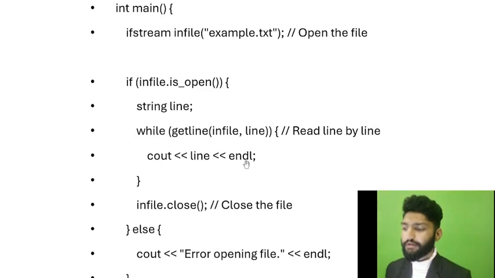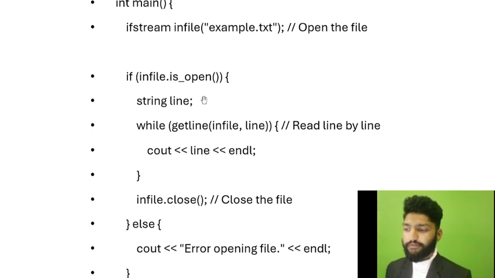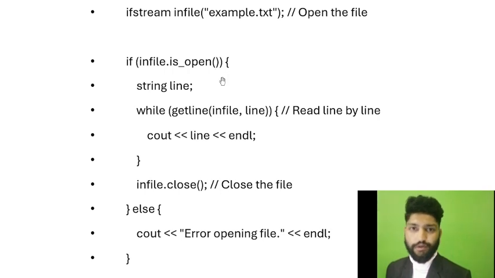In the next step, if inFile is open, we have to check that the file has been successfully opened, and then we should perform the operation on it. If the file is open, then we can get the data from the file line by line.